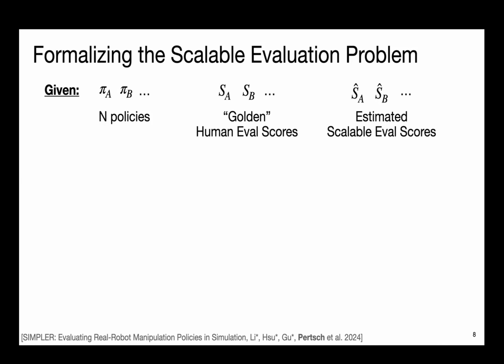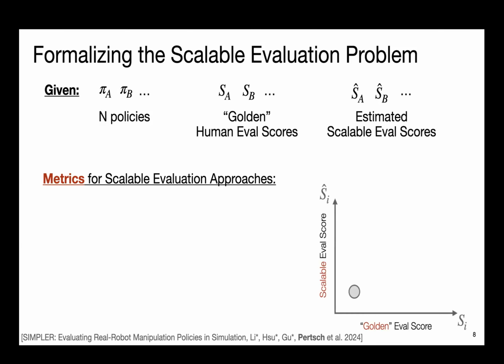And then for the purpose of designing a new eval mechanism, we need to assume that we have some sort of ground truth eval score for those policies, typically evaluated by a human. And then what we want to come up with is a method that allows us to estimate that score, ideally precise, but importantly scalable.